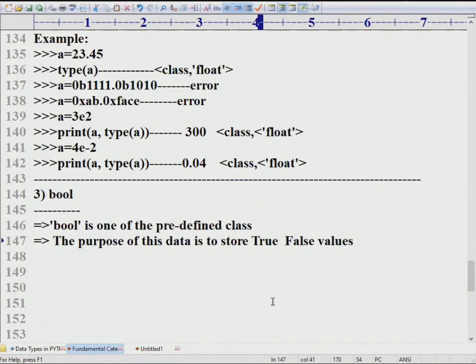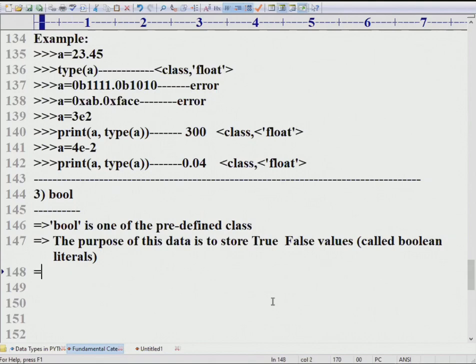These are called logical values. Examples of logical values are True and False. These True and False are called, write in the bracket, Boolean literals.